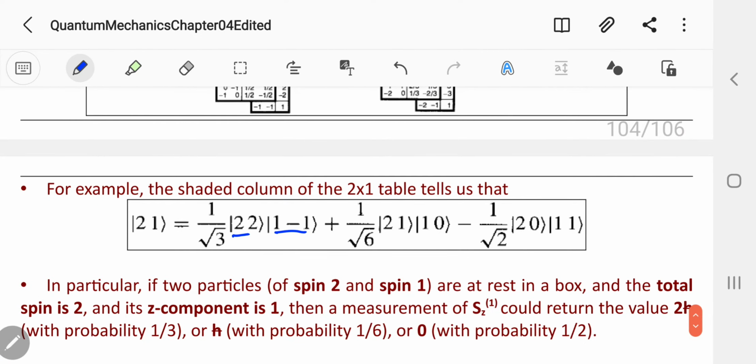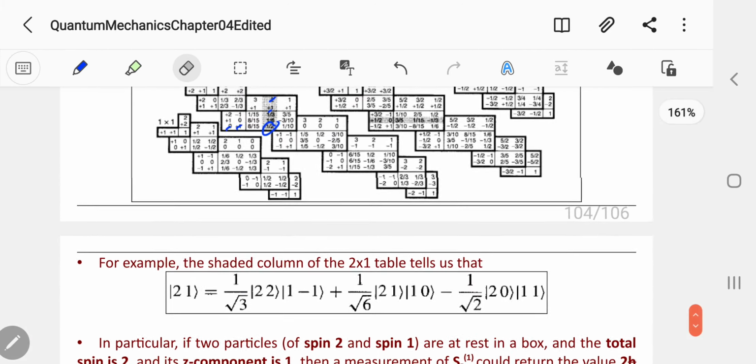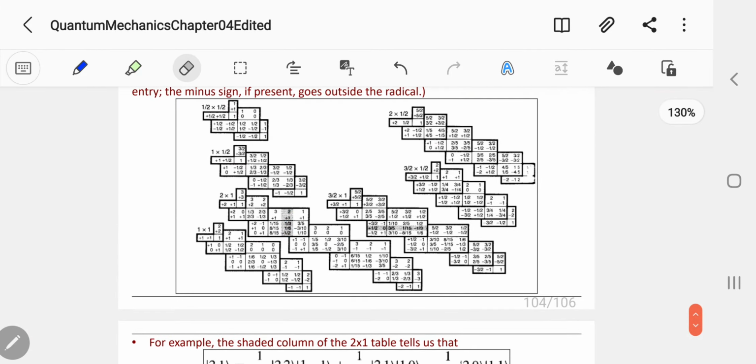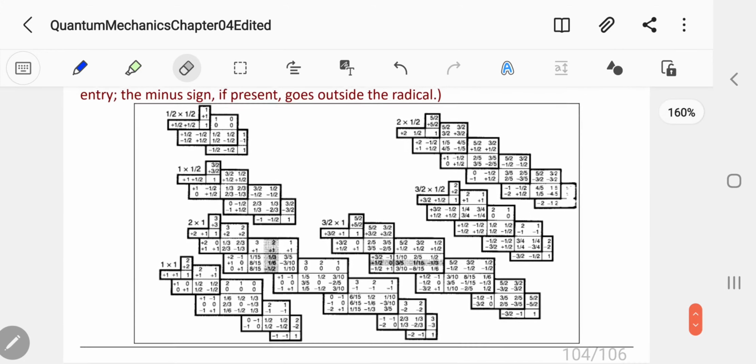So that's how you decompose this spin, using the Clebsch-Gordan table, using this table here.